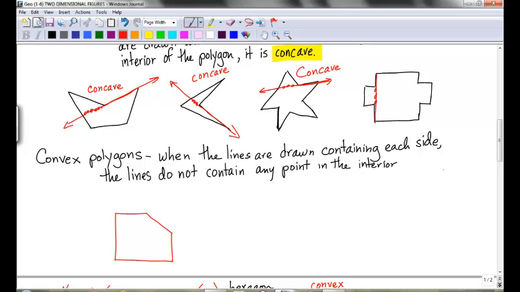If I drew a line from any of those, I'm not going to end up with anything in the interior. No matter where I draw that, it's just going to go around the outside. That's an example of a convex polygon.